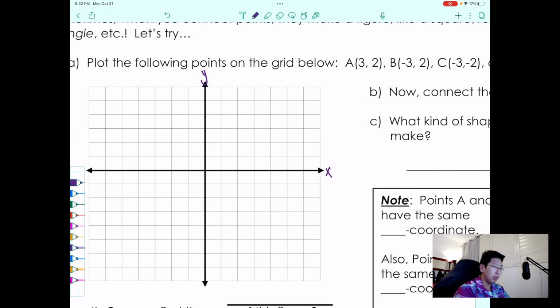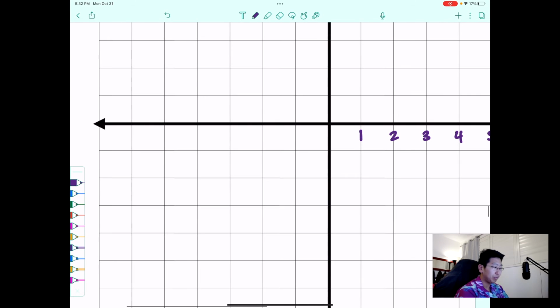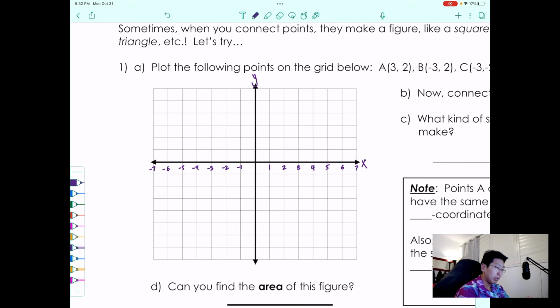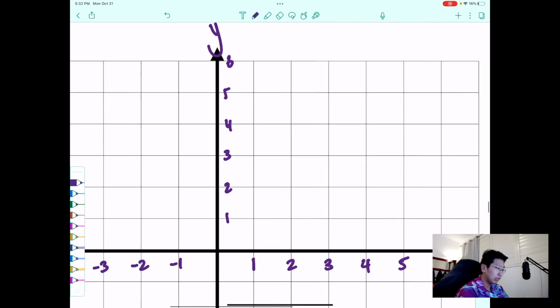All right, and then we're going to go ahead and scale this, which just means we're going to put little numbers here. This is saying this is 1, 2, 3, 4, 5, 6, 7. Over here, -1, -2, -3, -4, -5, -6, -7. And then we go up and down on our y-axis. So I'm going to start with the positives. 1, 2, 3, 4, 5, 6.